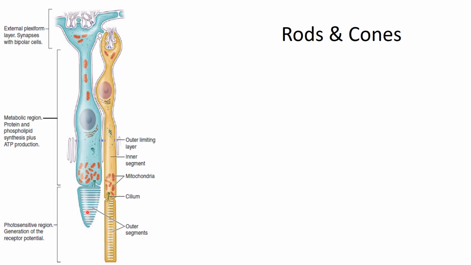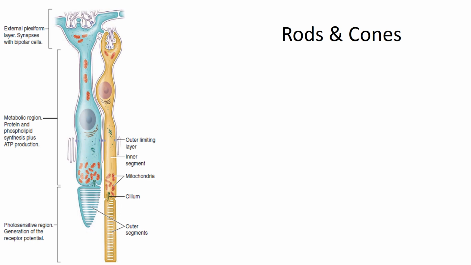Now the outer segment of the cone is a conical, pine-shaped structure, about two-thirds of the length of the rod. It is short and contains a similar number or even more flattened membranous discs.